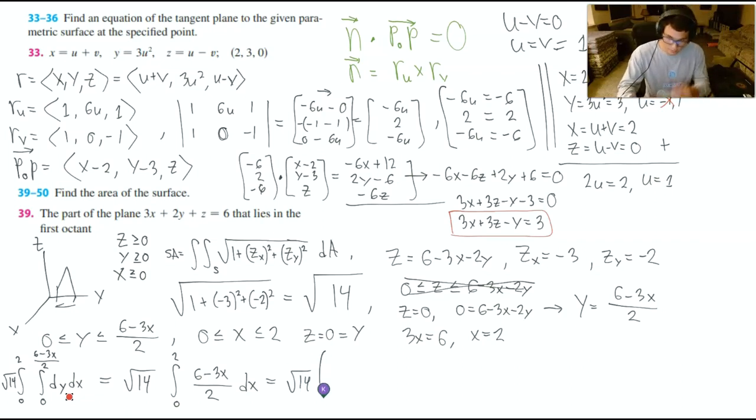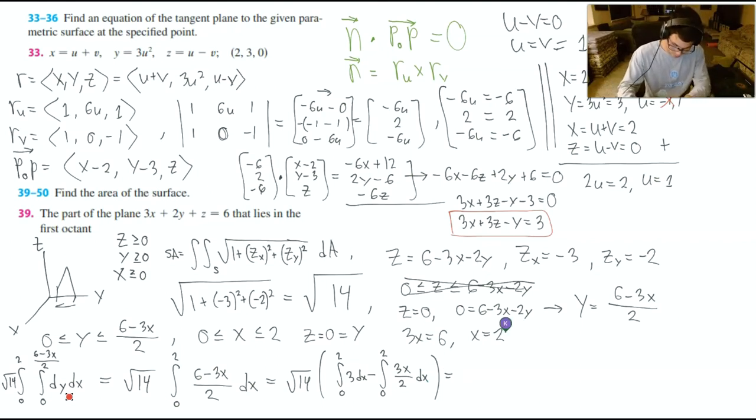We'll just leave it. So we'll go 2 to 0. And 6 over 2, we're going to break this up. So it's going to be 3. And then we're going to go minus 2 to 0. This may be a little bit overkill. 3x over 2. And don't forget your differentials. Okay. So this is what we have.